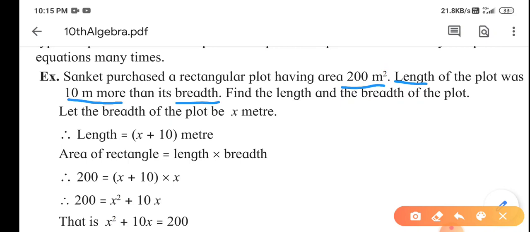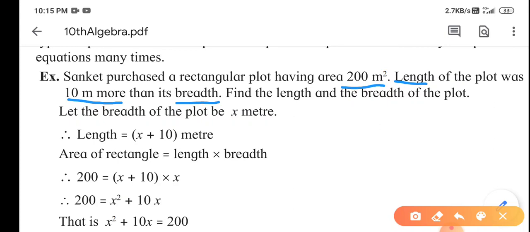But one condition is given in this example: the length is 10 meter more than its breadth. That means when we consider breadth equals x meter, then length equals x plus 10 meter, because the length is 10 meter more than its breadth.